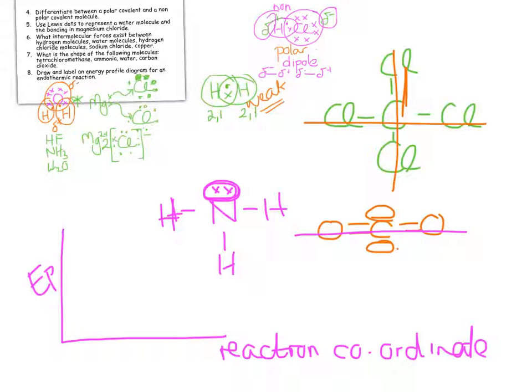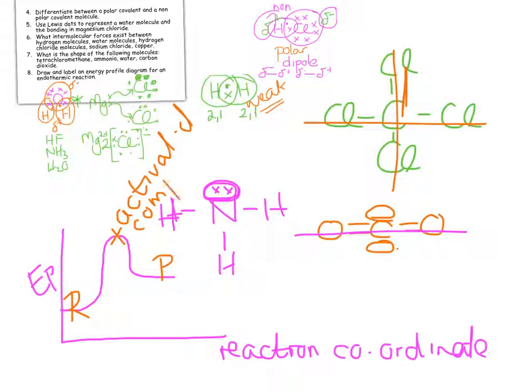And my endothermic energy profile has the reactants with less energy than the product. If I'm going to label it completely, this is my activated complex. This over here would be my reactants.